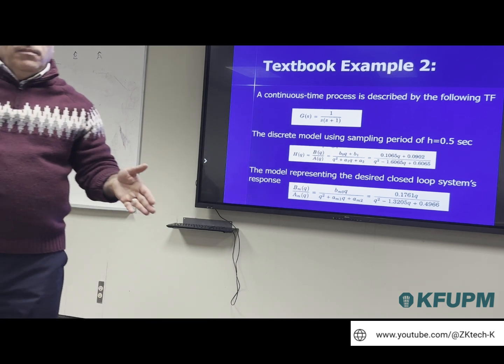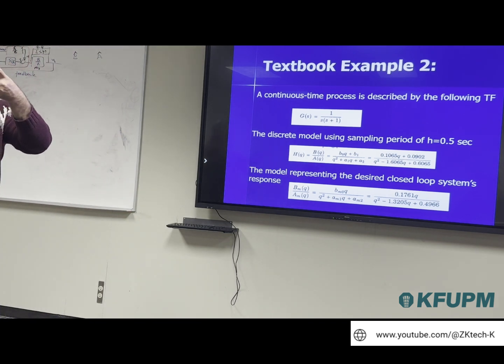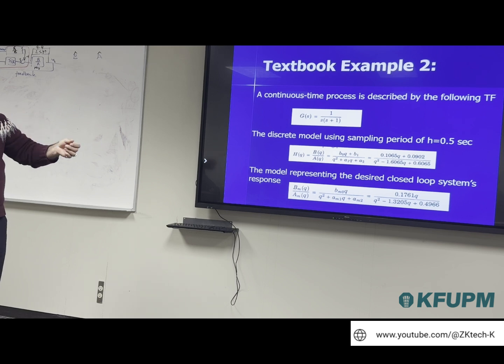Either you use pole matching, or use Tustin approximation, which is basically the exponential approximated twice, or you can use the Euler method. So these are methods that you can use based on the complexity of the system that you have. So MATLAB can still be very useful, unless there is a system that you cannot handle, square root of something complex.